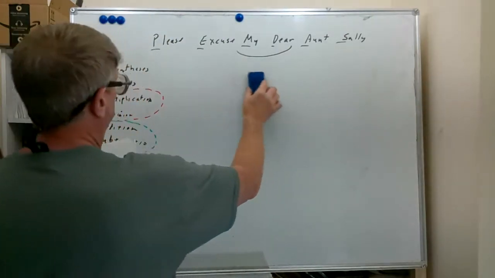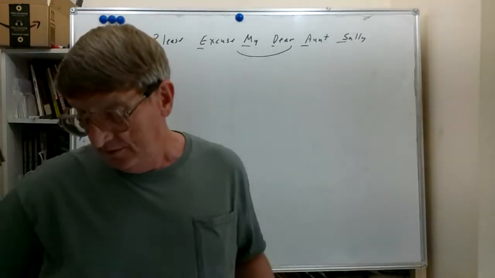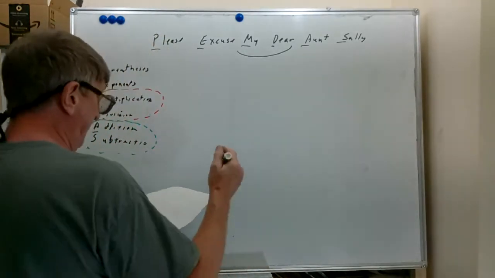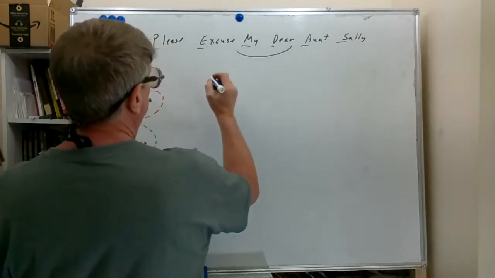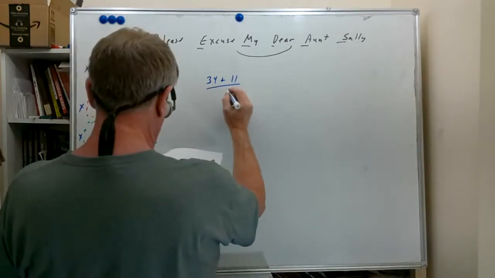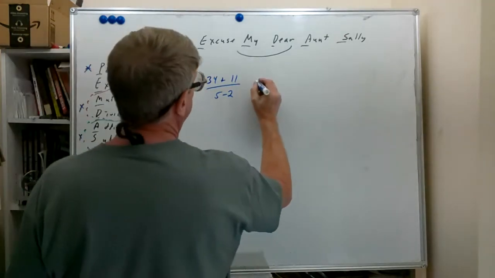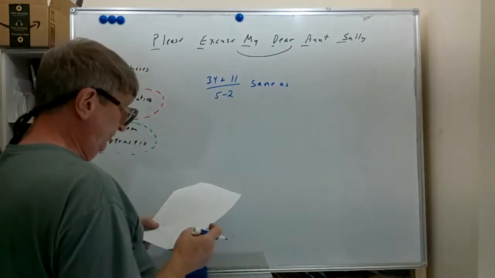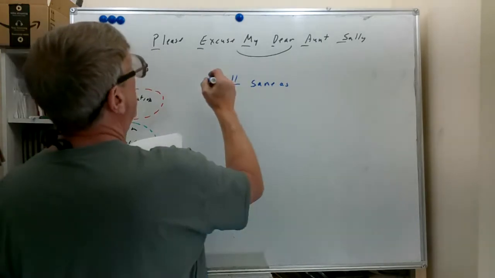I'm going to leave this order of operations stuff up here right now. We think of a fraction line as pretty much a division. In other words, if I say 34 plus 11 over 5 minus 2, that's the same as, this fraction line also not only acts as division, it acts as a parenthesis.